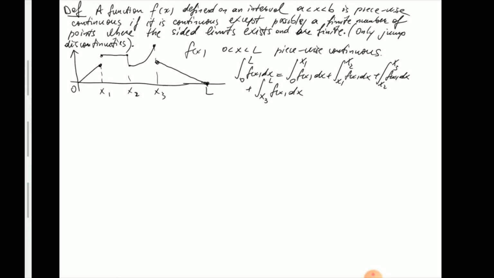It exists in other situations as well, but in this case it's essentially guaranteed to exist, because you have jump discontinuities only.